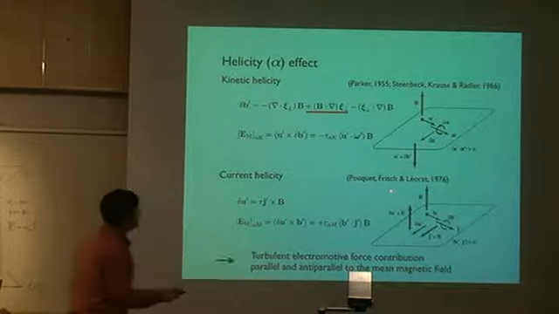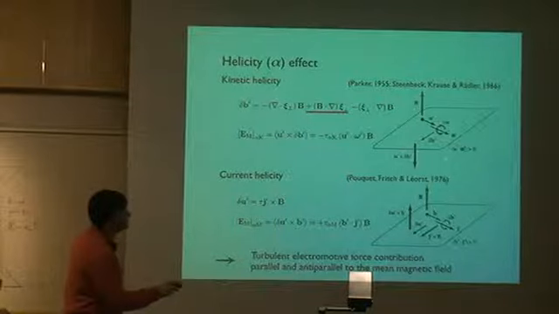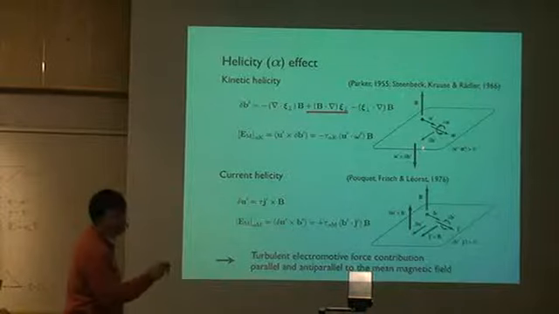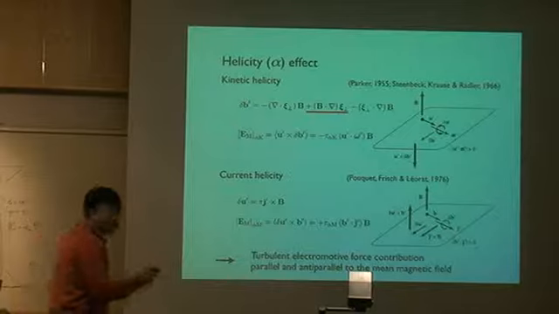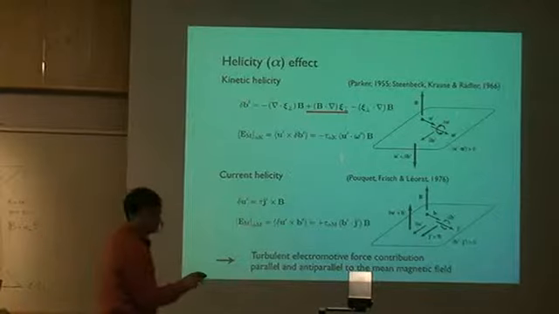So the result is that if we have a positive cross helicity, we have an electromotive force contribution anti-parallel to the large-scale B. I think this is part of the essence of the cross helicity effect.